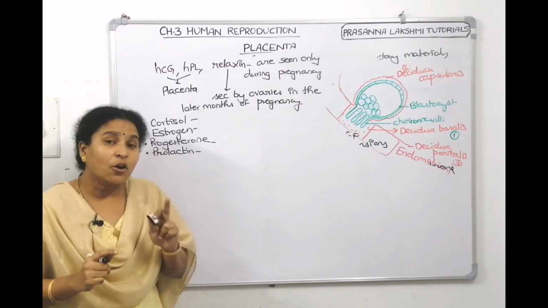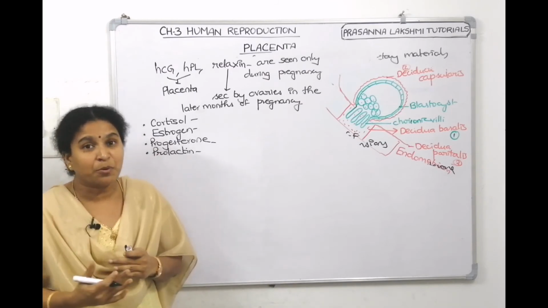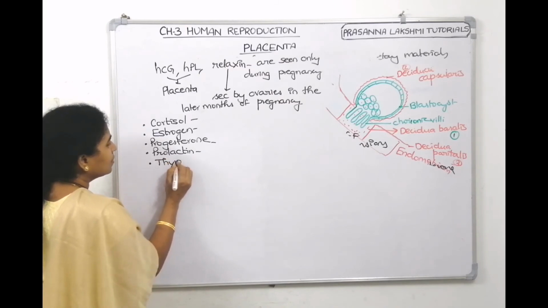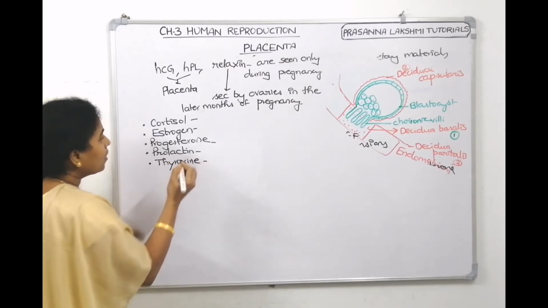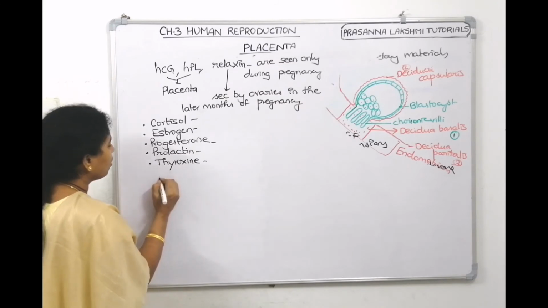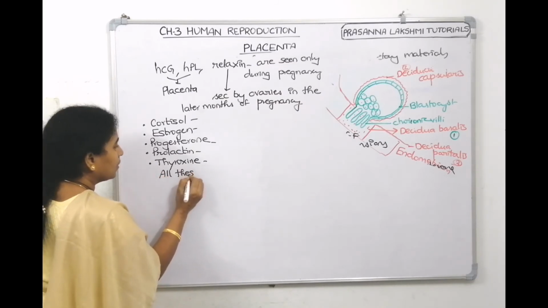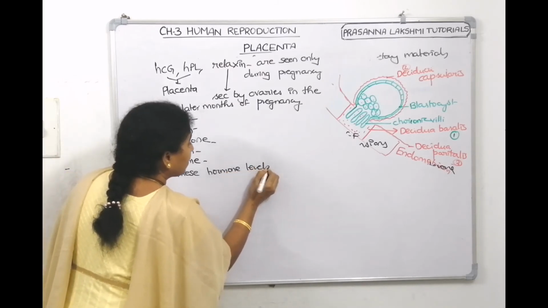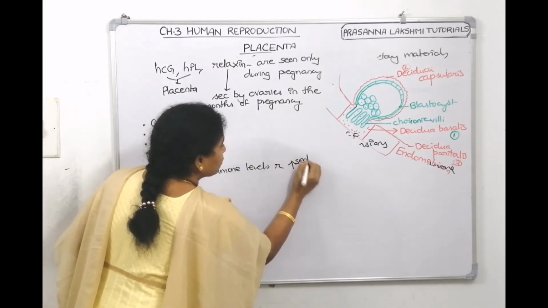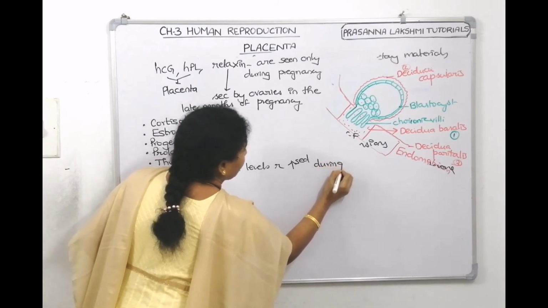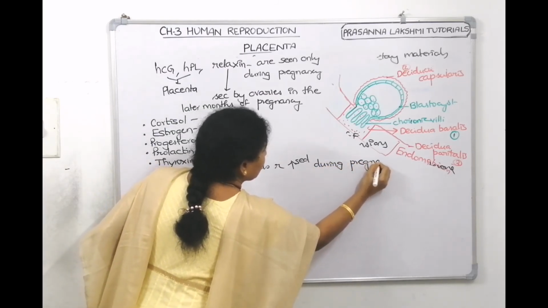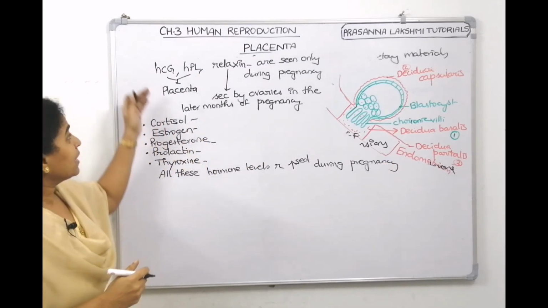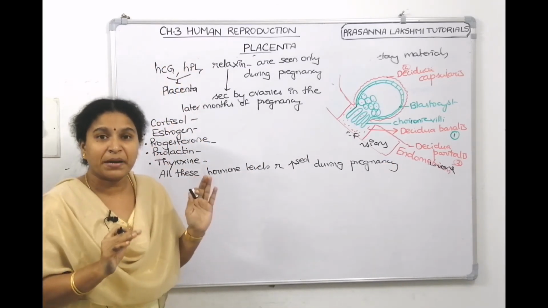And again, thyroxine also, which helps in increasing metabolic rate and the growth rate, right? So the last one is thyroxine. All these hormone levels are increased during pregnancy. How many? 1, 2, 3, 4, 5 are increased during pregnancy, whereas these three hormones are seen only during pregnancy.